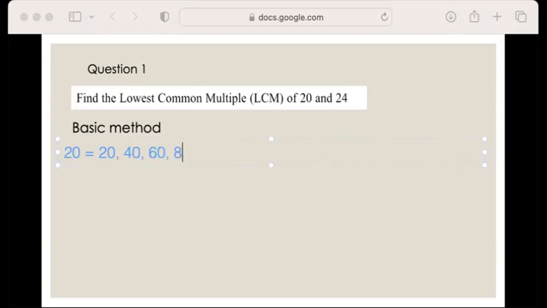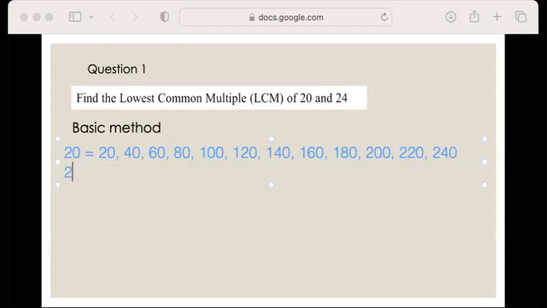So 60, 80, 100, 120, 140, 160, 180, 200, 220, 240. Okay, I have arrived at up to 12 multiples of 20.